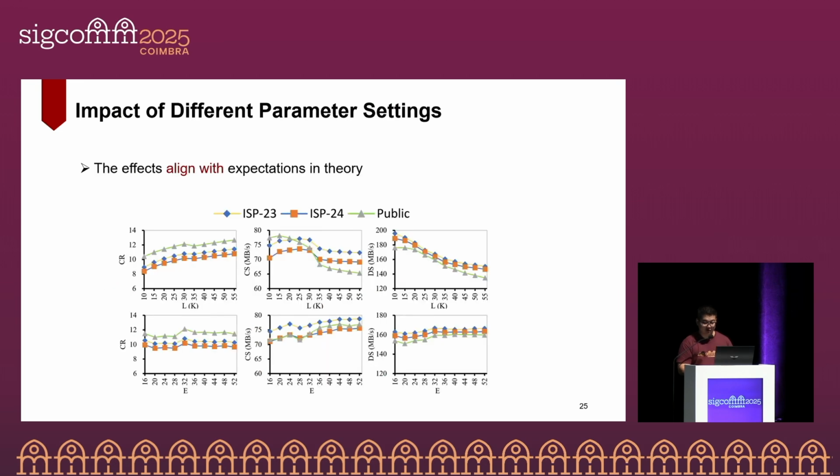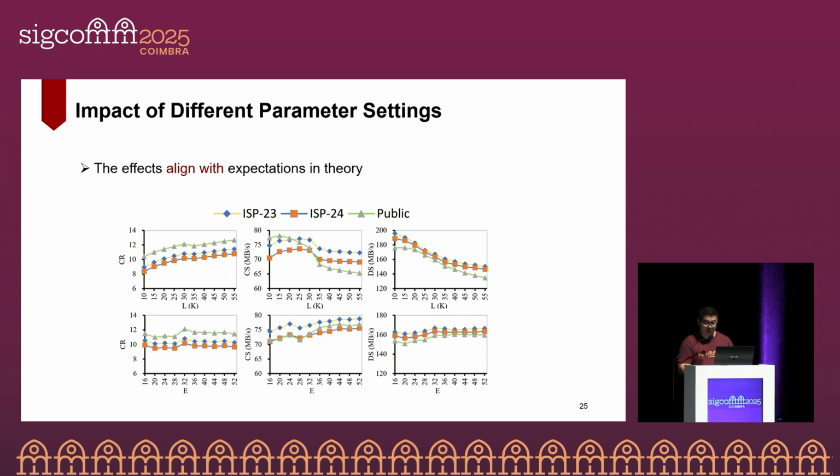We tested DNSLogzip with different L values from 10,000 to 55,000, keeping E at 32. Increasing L improves the compression ratio, but the gain slows down, and at L equal to 35,000, the ratio dips slightly due to longer line index encoding.